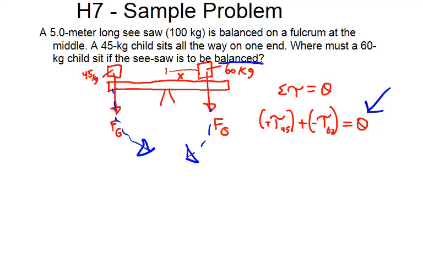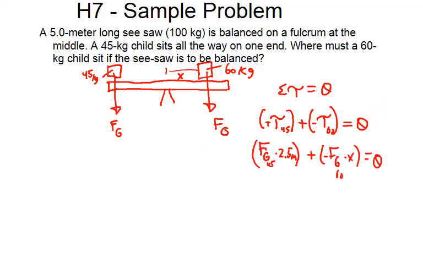So why don't you go ahead and solve for what this will be. Make sure you leave this in variable form. It's going to be the force times x, and then you can work out the math there. So go ahead and hit pause and try this, and when you're ready to check, you can hit play to continue.